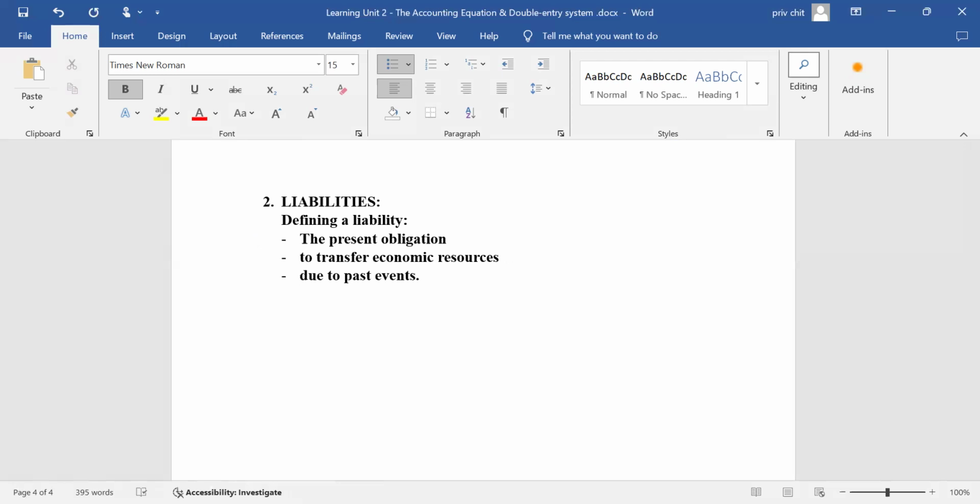Now let's explain what an obligation is. If you are obligated to do something, it means you are legally obliged to honor the obligation.